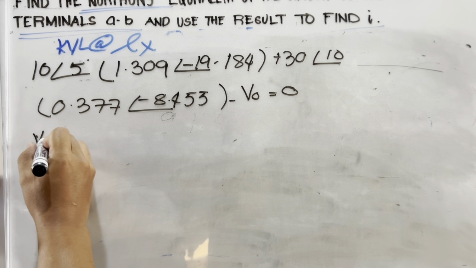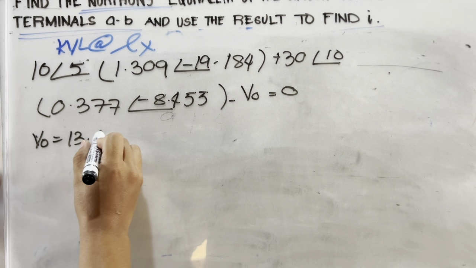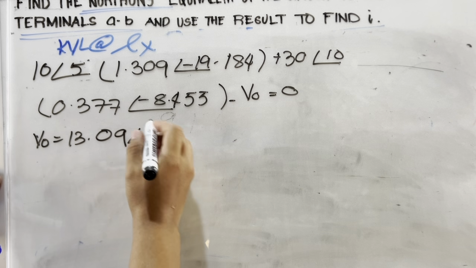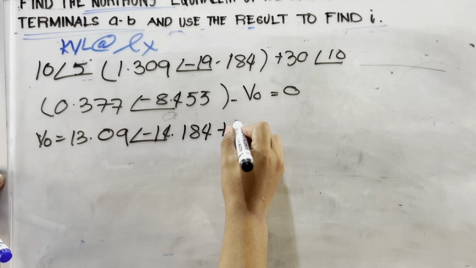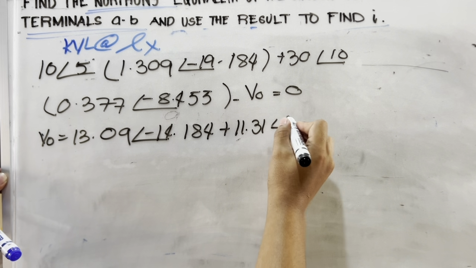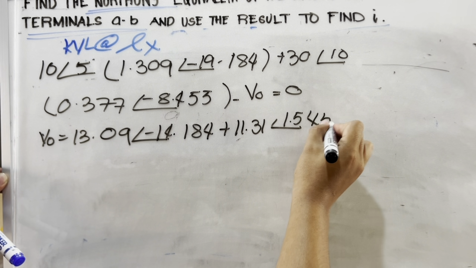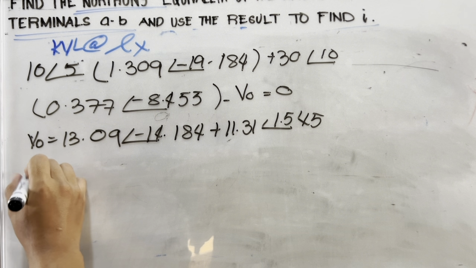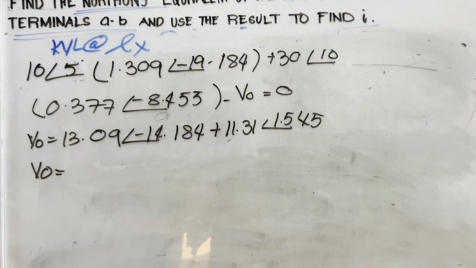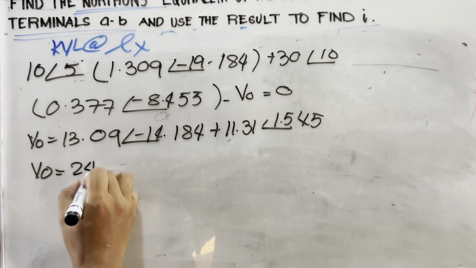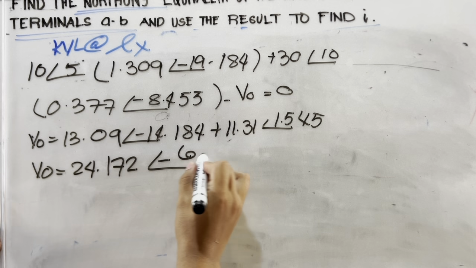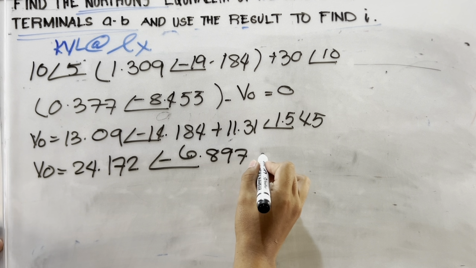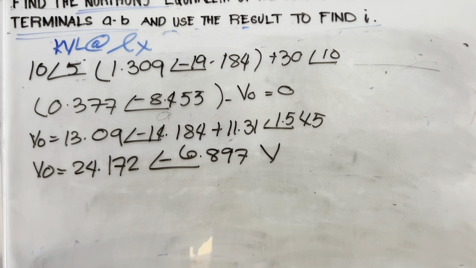So our V's of O is equivalent to 13.09 angle of negative 14.184 plus 11.31 angle of 1.545. V's of O therefore is 24.172 angle of negative 6.897 volts.